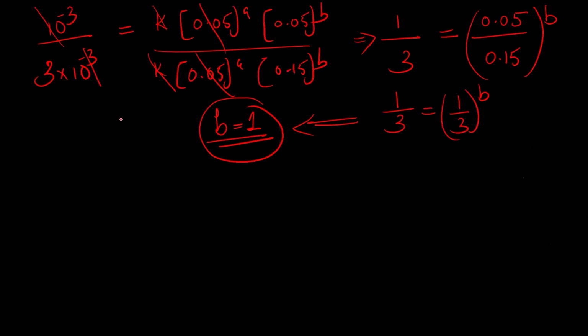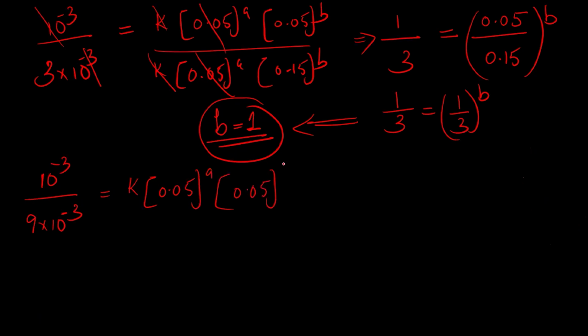Let us see that. 10 to the power minus 3 divided by 9 into 10 to the power minus 3 is equal to K times 0.05 raised to A into 0.05 raised to B, all divided by K into 0.15 raised to A and 0.05 raised to B.